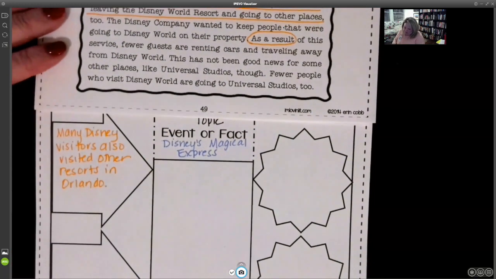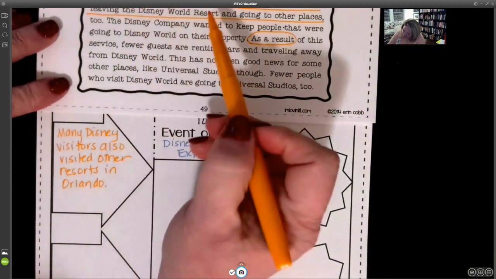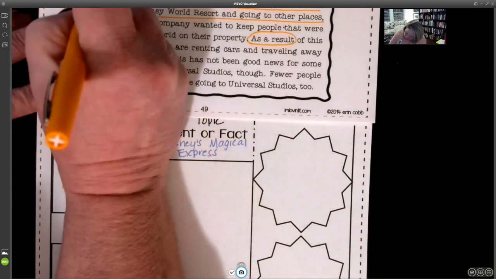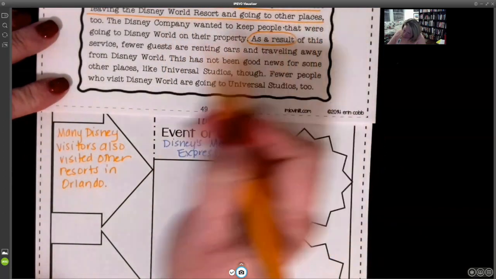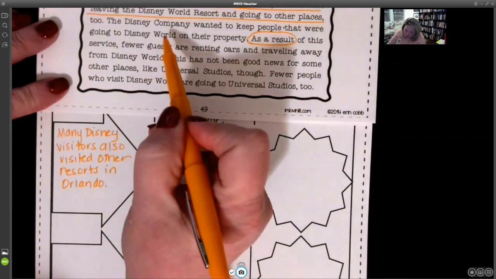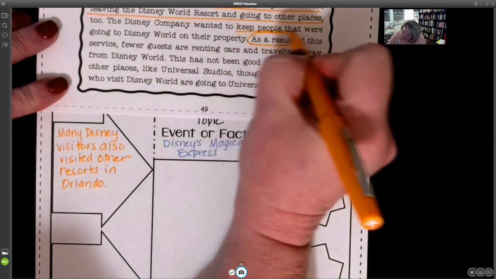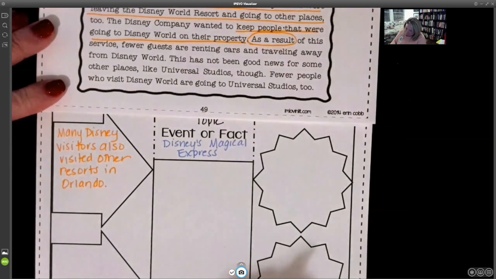That's my first cause. Now, Walt Disney World began offering this service because, here's another one of our words, many people were visiting. The Disney company wanted to keep people that were going to Disney World on their property.